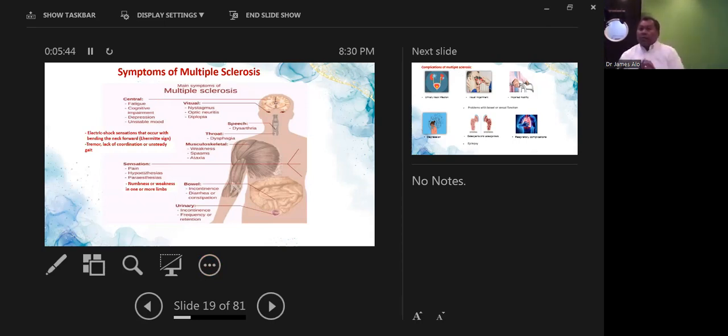So in musculoskeletal, we have weakness. The patient will complain it seems like weakness happens. Then there is spasm. And then there is ataxia. This is what we call movement and coordination problems.